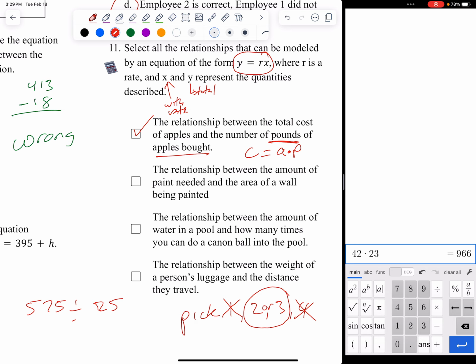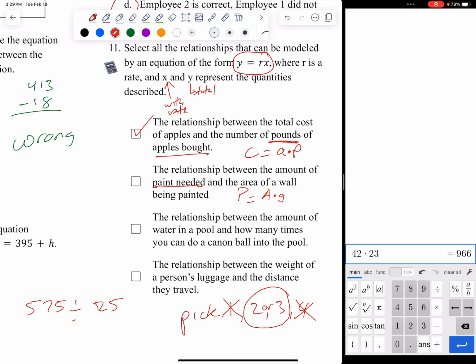So in this case, we have the relationship, which is the amount of paint needed. That's your total paint. And then you have the area of the wall and, let's just say, the gallon. So every gallon gives me a certain area.